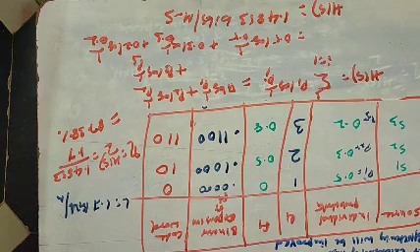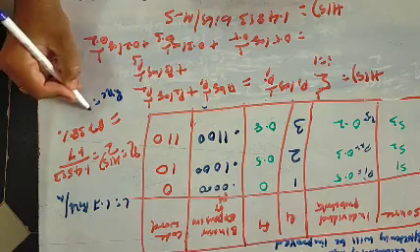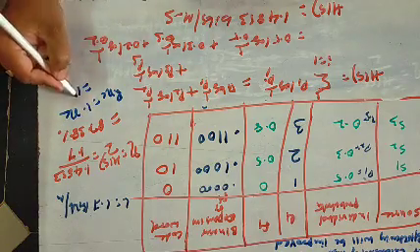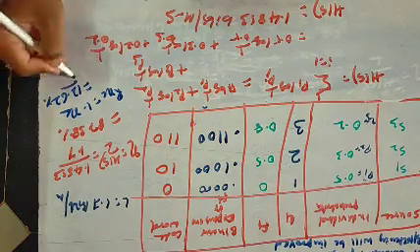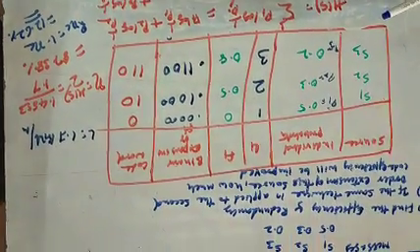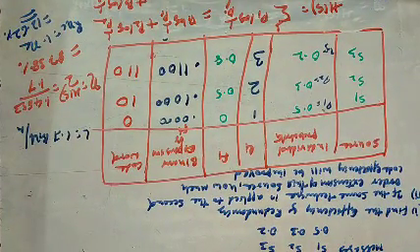And the redundancy, that is 1 minus efficiency, we will get as 12.62%. Okay, this is the first sub-question, which has been cleared and written over here.